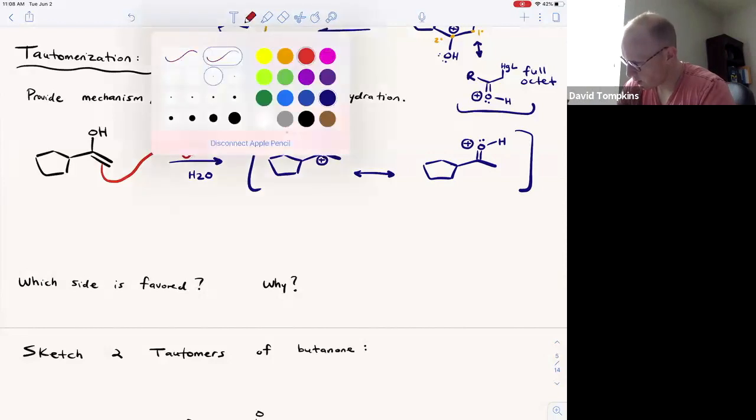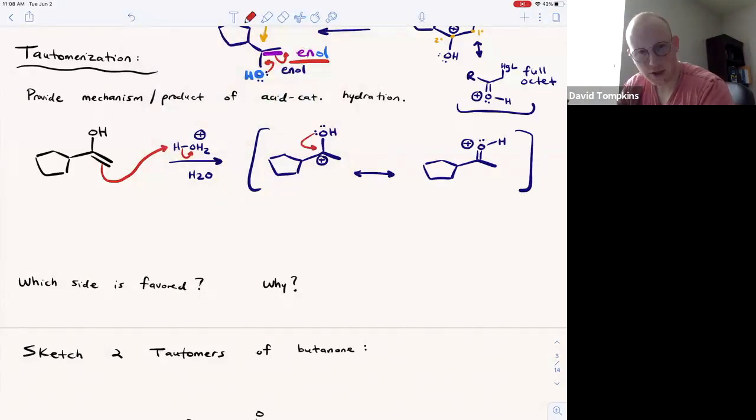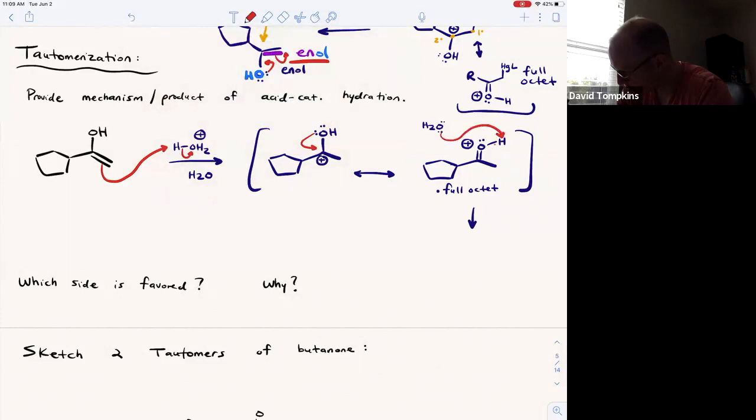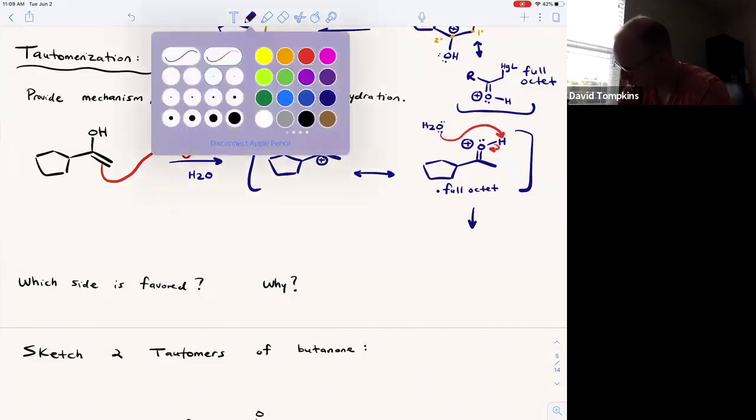And right, we go from one resonance form to the other by pushing a lone pair down into the empty p orbital, and this is the most important and full octet resonance structure. After we do that protonation step, now we do deprotonation, where water, the conjugate base, deprotonates to give the ketone product.